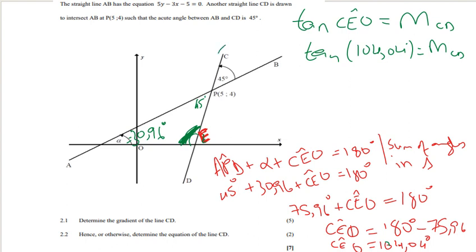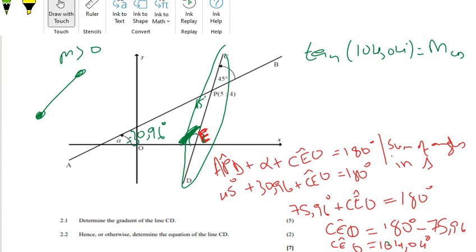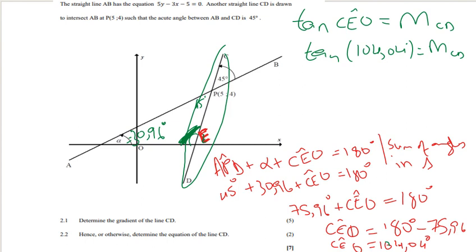But looking at this line, the gradient of this line can never be negative, because this line goes from bottom left to top right, so the gradient has to be greater than 0. Therefore, I need to find another angle. I don't want to say maybe we should divide by 180, but we cannot do that.